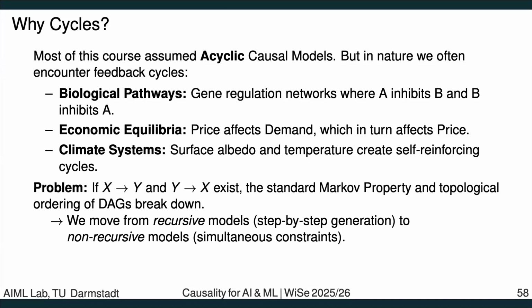Everywhere where we have feedback loops, like gene regulation or price-demand effects in weather systems, basically everywhere we have cycles in our systems. And one might argue that cyclic causal models are actually more common than acyclic ones.